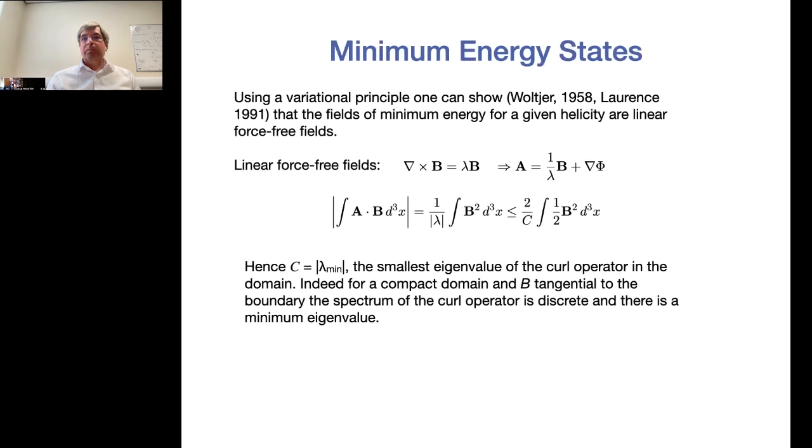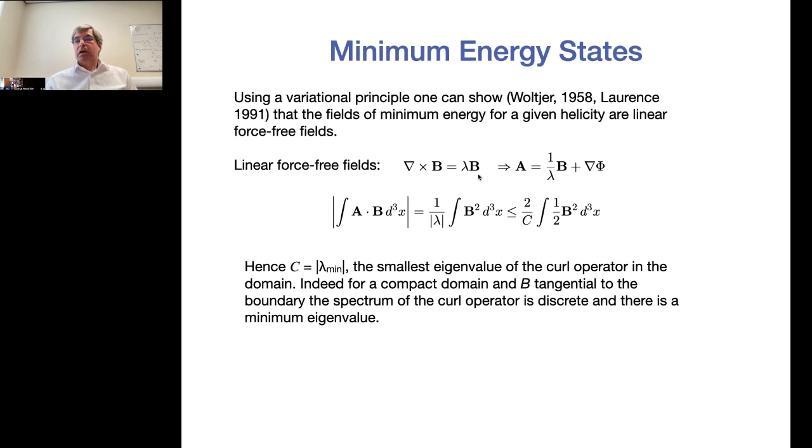Right, so minimum energy states: what kind of states minimize the energy under given helicity? One can show, using a very simple variational principle, that the fields with minimum energy for given helicity are linear force-free fields, so eigenfields of the curl operator.